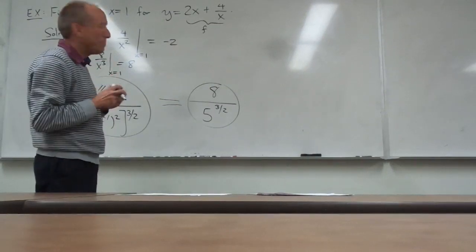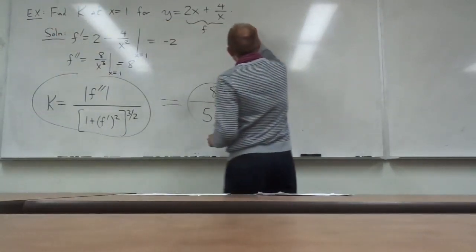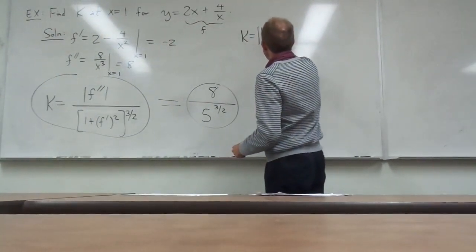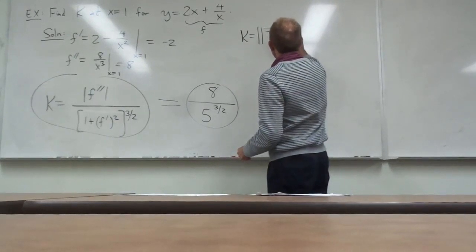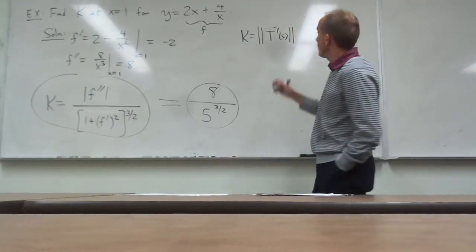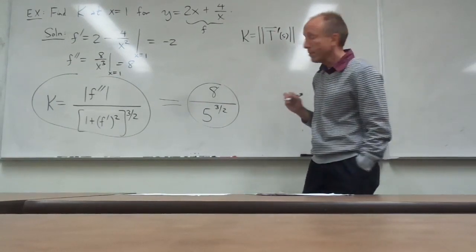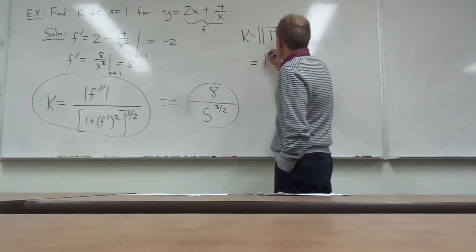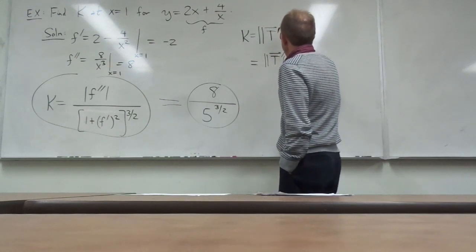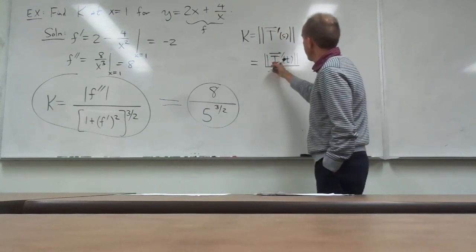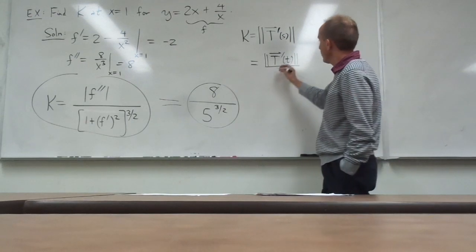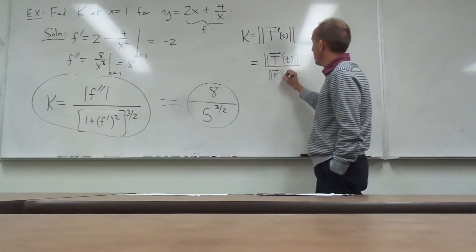The point being, we have several formulas for the curvature. We can simply take the magnitude of the derivative of the tangent vector with respect to s, or the magnitude of the derivative of the tangent vector with respect to t, but then I have to divide it by r prime of t.